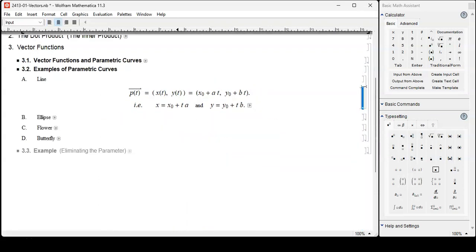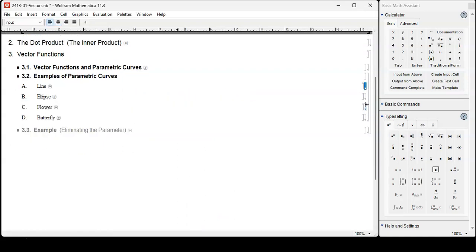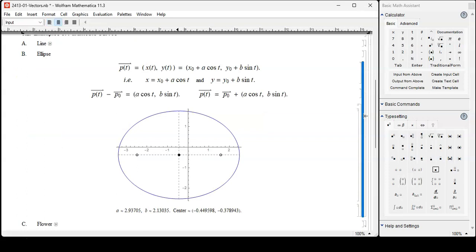Okay, that was one example. And there are more examples, but the other examples will be a lot quicker because they are more complicated. In this case, you're going to get an ellipse. P of t minus P0, again, it's a vector starting from this P0.